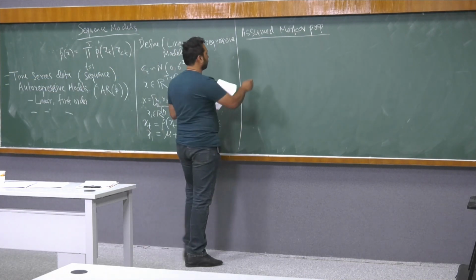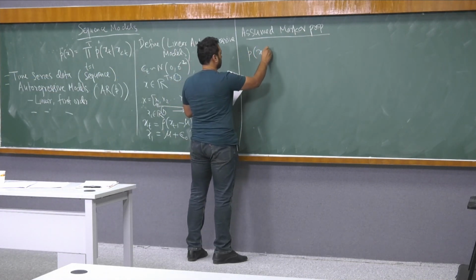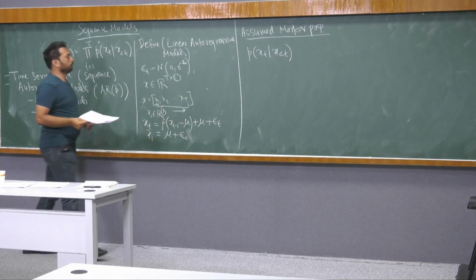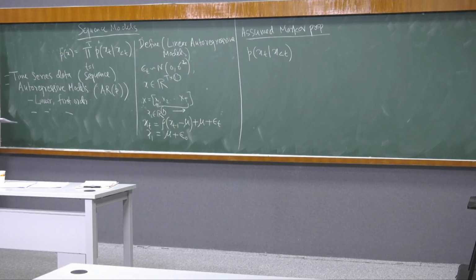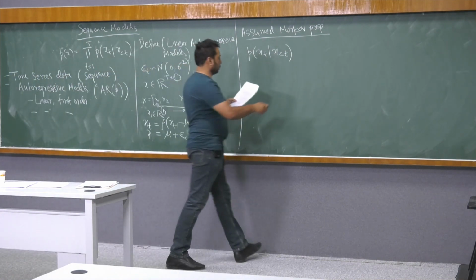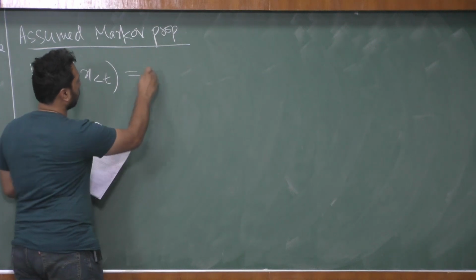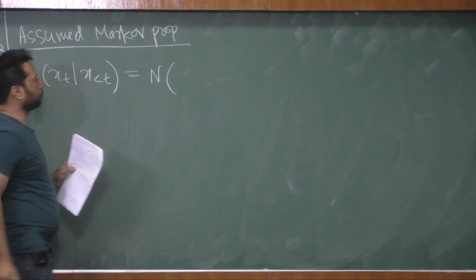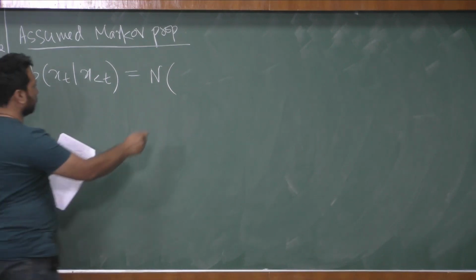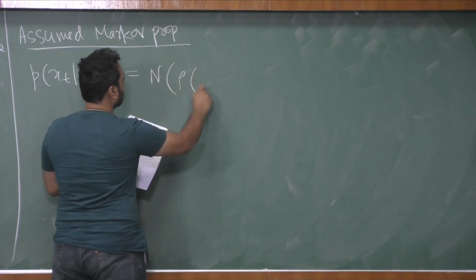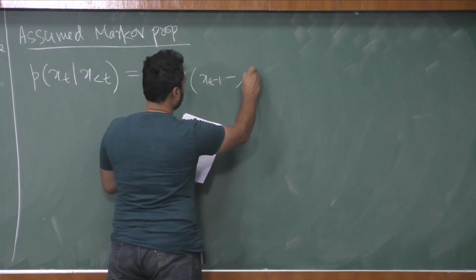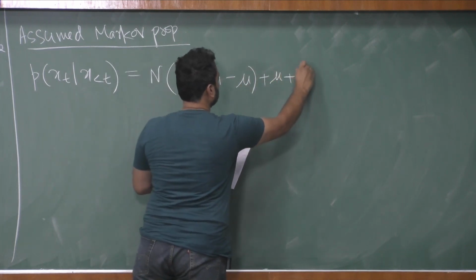So in this case, we want xt given x less than t. Remember that this is what we want to know: in this model, we want to learn the probability density of xt given that we have seen all the previous data in the sequence. We assume our model to be parameterized by the normal distribution, with mean rho times (xt minus 1 minus mu) plus mu, and variance sigma squared.